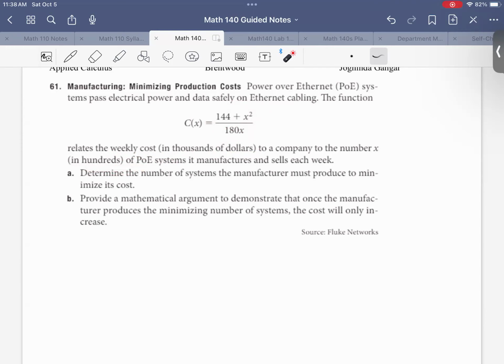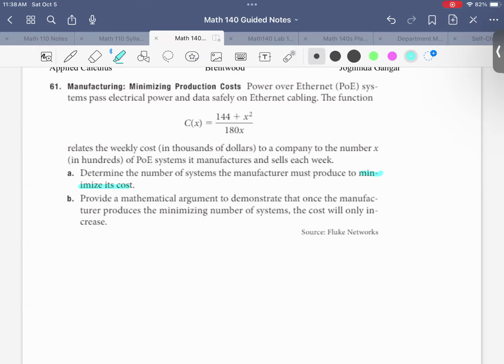Part A is asking us to determine the number of systems a manufacturer must produce to minimize cost. So here's that keyword, minimize cost. We're trying to figure out how we can minimize the cost of these PoE systems, right?